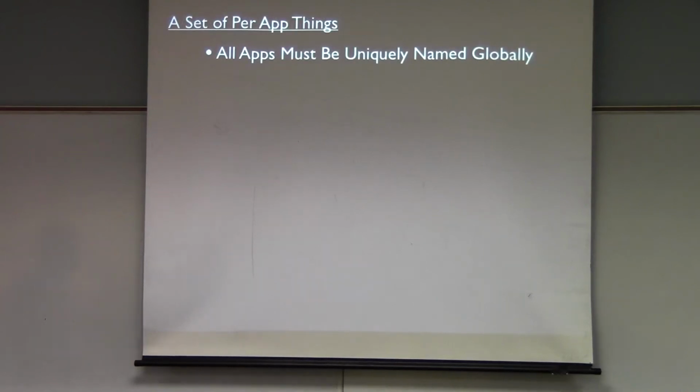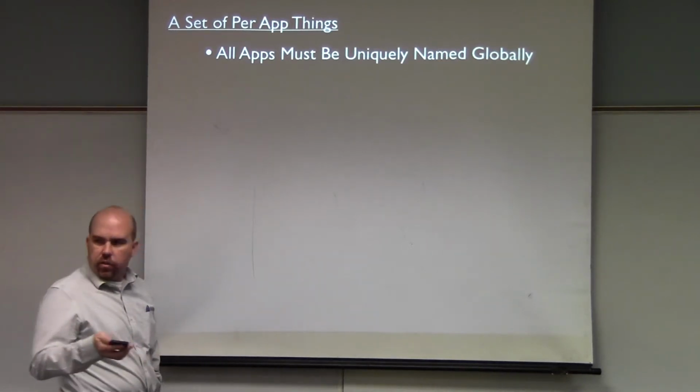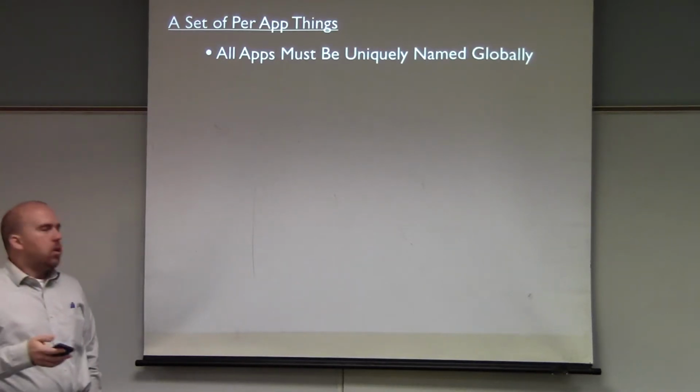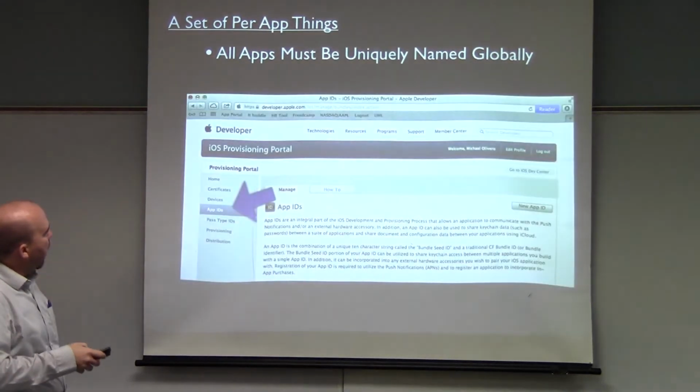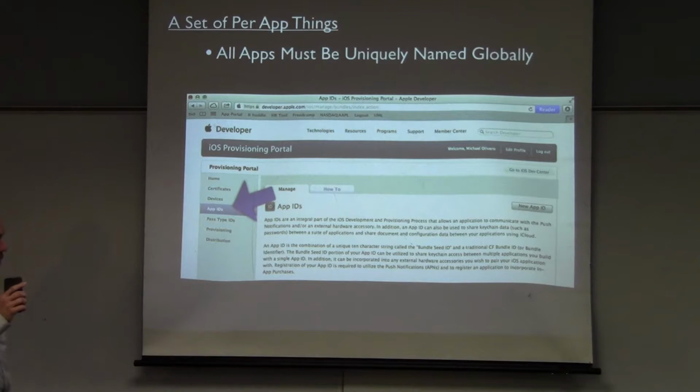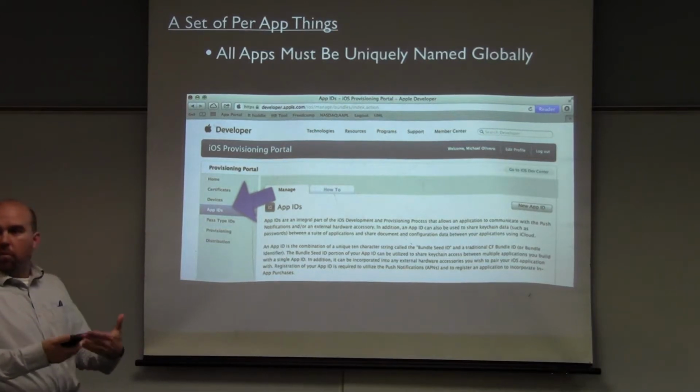First of all, apps must be uniquely named globally. And I think most of the Java developers know, Java actually introduced this nomenclature: com.companyname.appname, whatever. So Apple actually has the same concept. And so to do this, you first have to tell Apple your intention of publishing this app.